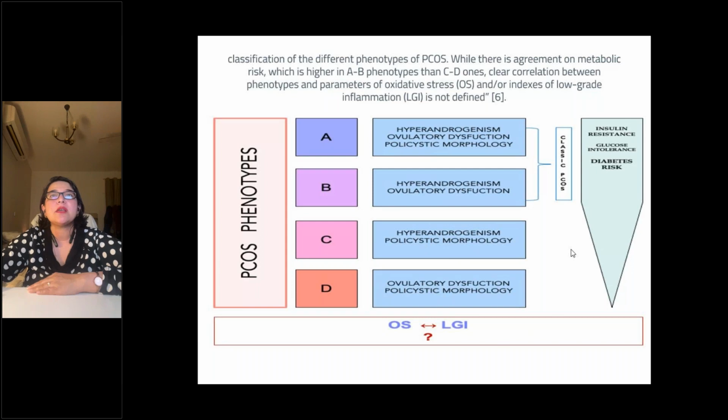Phenotype B, which is hyperandrogenism and ovulation dysfunction, 30 to 35%. Phenotype C, which is hyperandrogenism and polycystic ovarian morphology, 35%. And phenotype D is defined as having only ovulatory dysfunction and polycystic ovarian morphology.